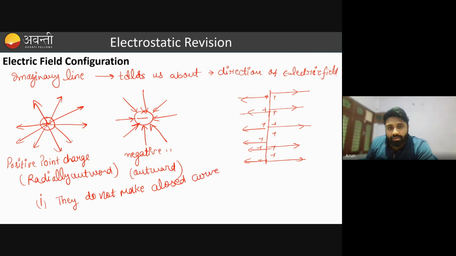Okay. If I talk about a positive charge placed along with a negative charge, the electric field lines go radially outward from the positive charge, but are attracted to the negative charge, like this. You can see these are the distribution of the electric field lines.